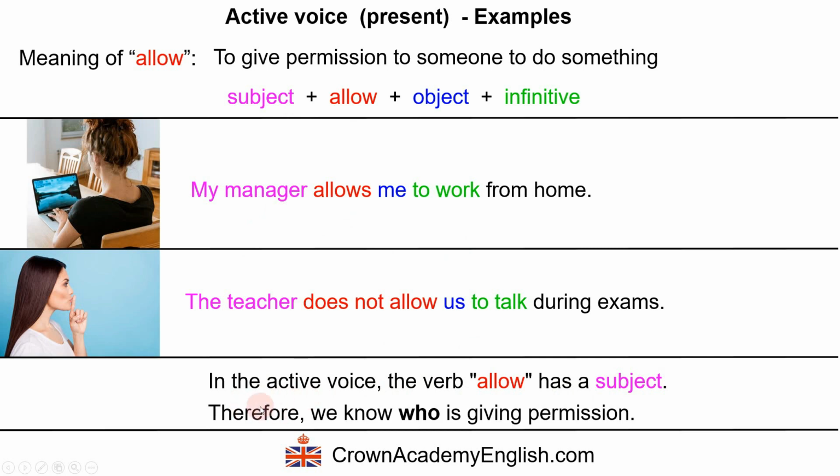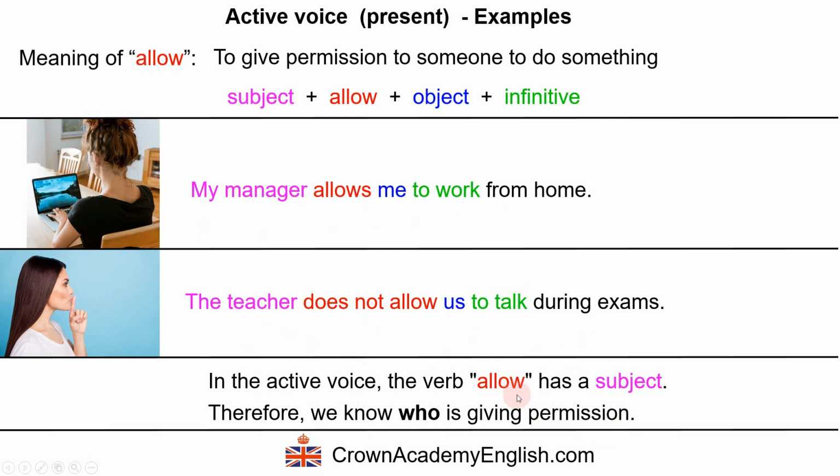So therefore, in this example, when we use the active voice, we know who is giving permission. So who is allowing me to work from home? Well, it's my manager. Who does not allow us to talk during exams? It's the teacher. So with the active voice, we get more information. We know who is giving permission.